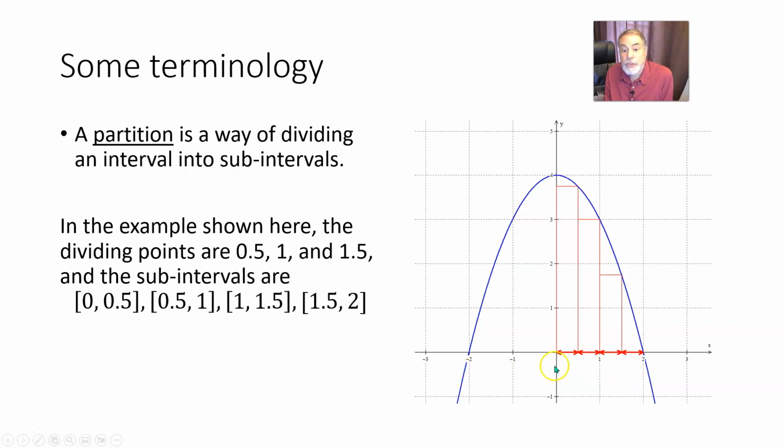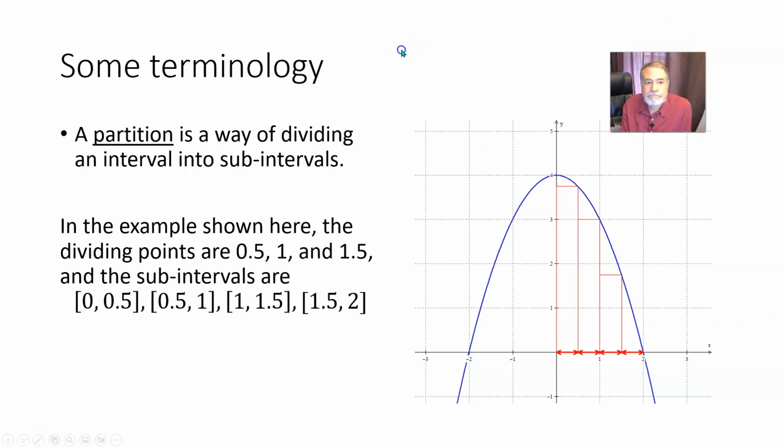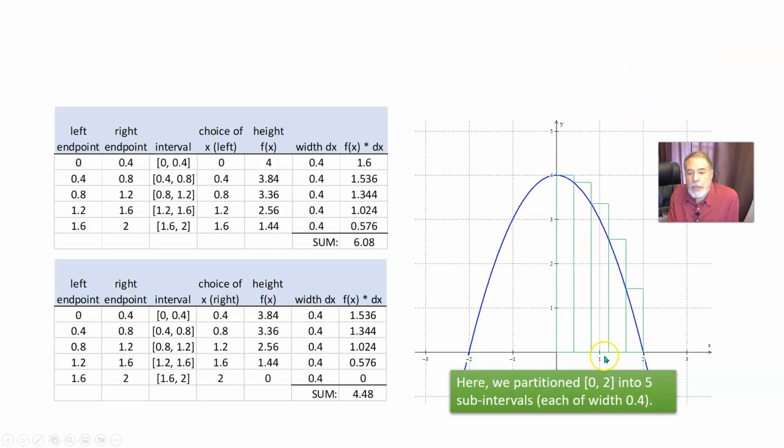So the 4 subintervals are 0 to 0.5, 0.5 to 1, 1 to 1.5, and 1.5 to 2. So that's one particular way of partitioning the interval from 0 to 2 into subintervals. In this case, 4 of them. And then here we partitioned it up into 5 subintervals, each with width 0.4.